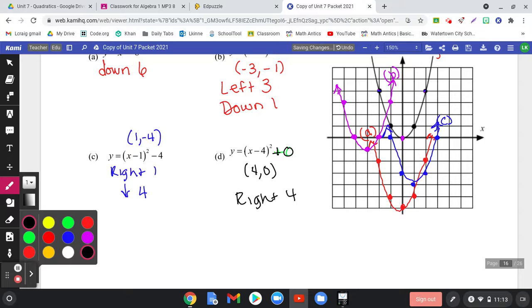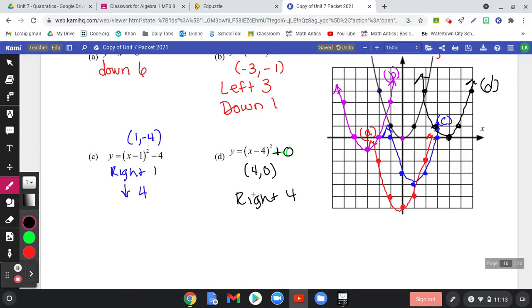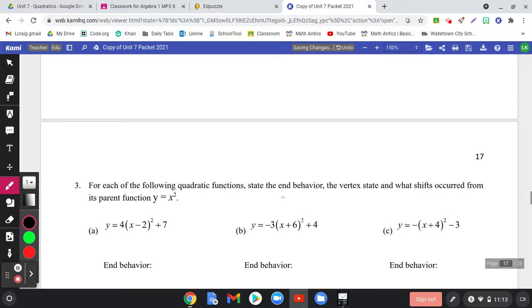So 1, 2, 3, 4. I'm just taking every point and sliding it over 4 places. Okay? But again, always use that calculator if you need it.